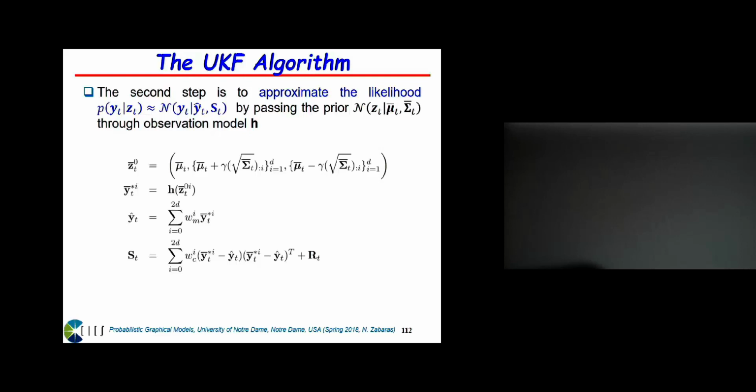Okay, and eventually you are going to have this, which is sort of a likelihood, and this is sort of like a prior. So you're going to need to compute the filtering distribution. You will need to use Bayes' rule and compute the probability of z given y.